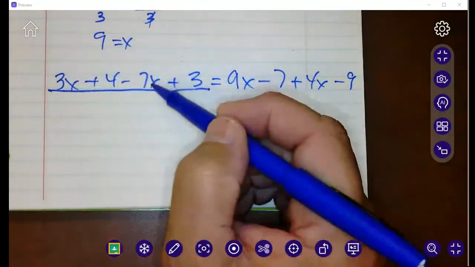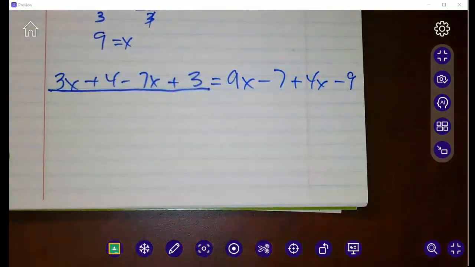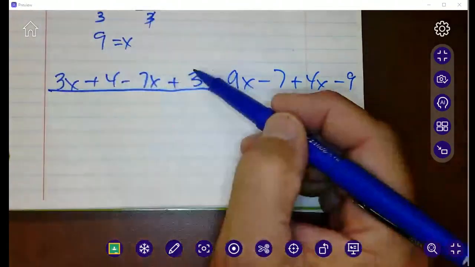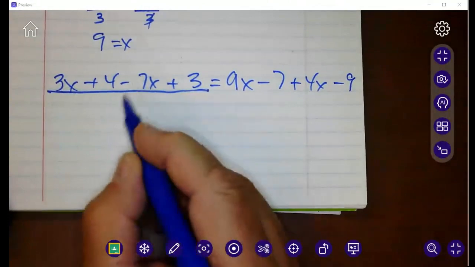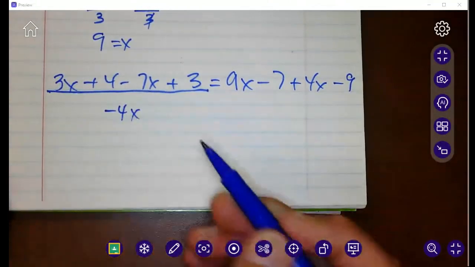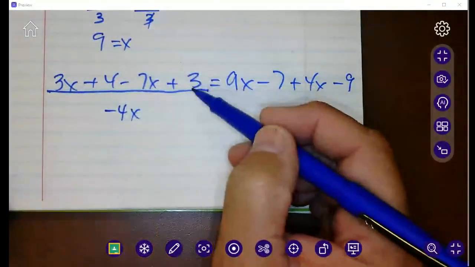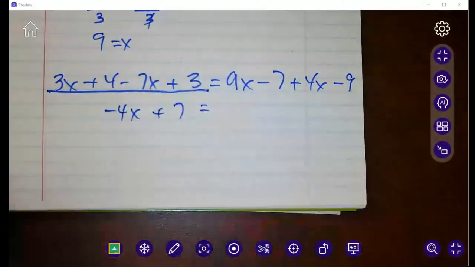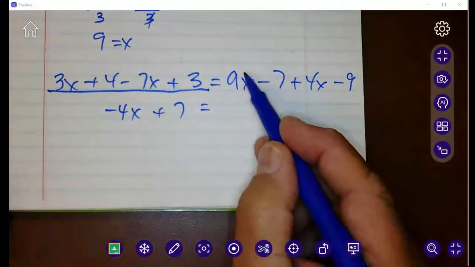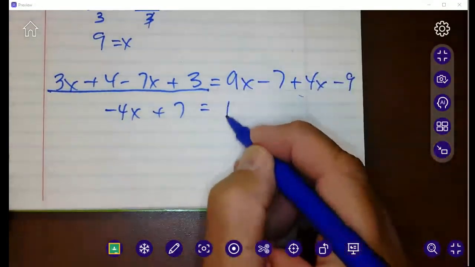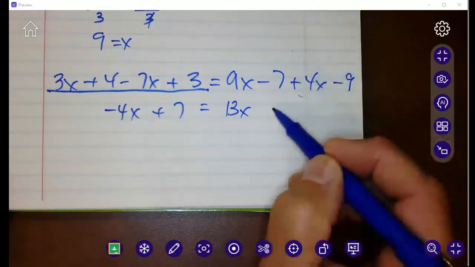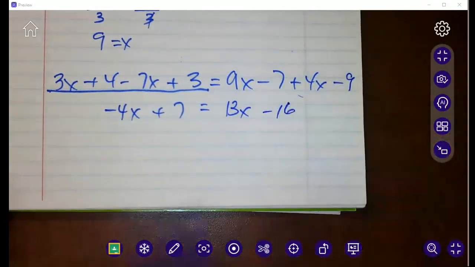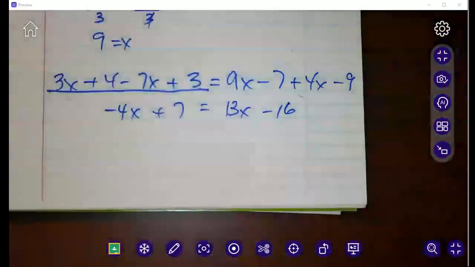I have a 3x and a -7x. I can combine my like terms. I have a +4 and a +3. I can combine those terms. 3x and -7x becomes -4x. 4 and +3 is +7. On this side, 9x and 4x becomes 13x. -7 and -9 becomes -16. And then we will go from there.